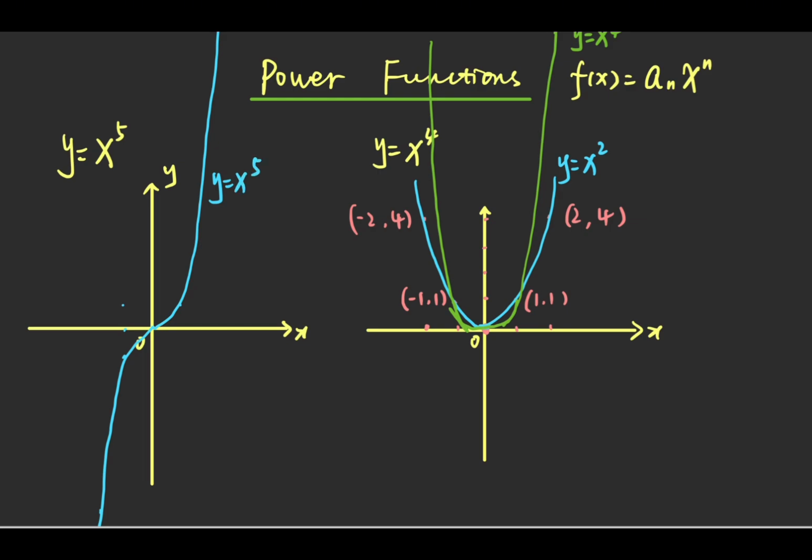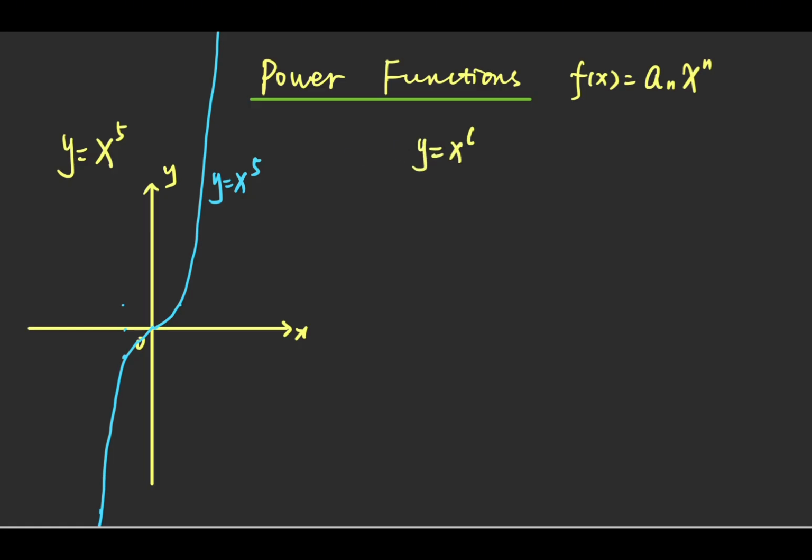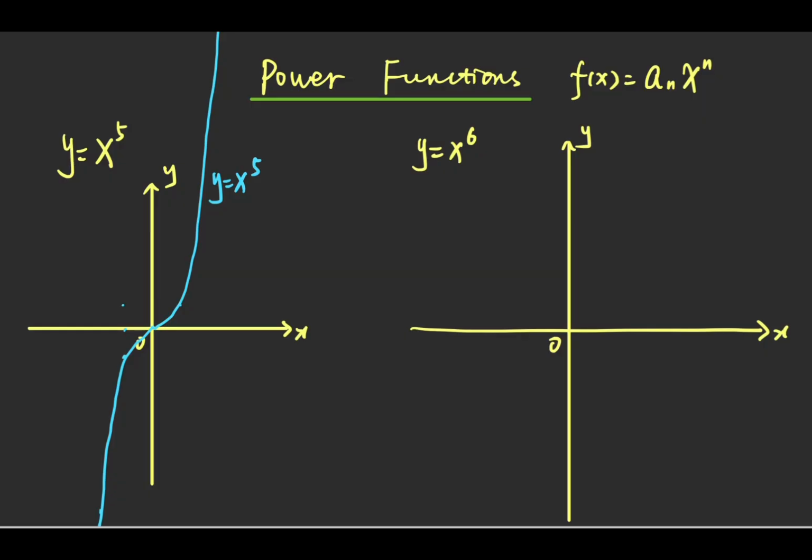Next, x raised to 6, y equals x raised to 6. In the Cartesian plane, over this domain, the graph should be much flatter than this function.